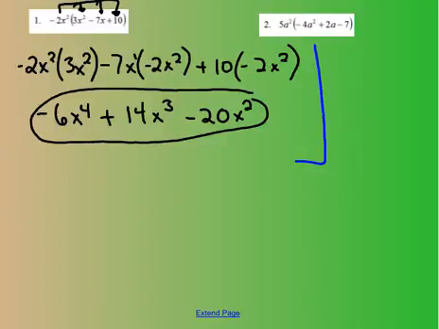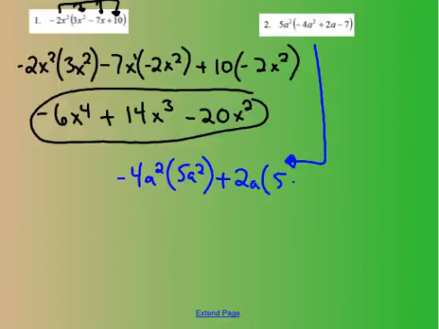Let's move 2 down here. I'm going to write it out again. I like to see that. So I have negative 4a squared times 5a squared, plus 2a times 5a squared, minus 7 times 5a squared. So I'm writing it out. For some of you, this is a lot, really tedious.